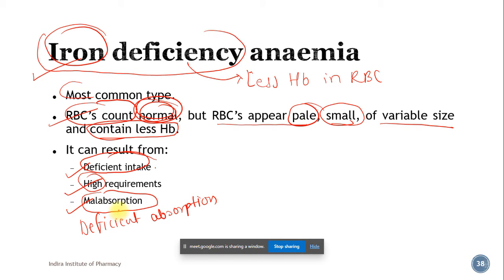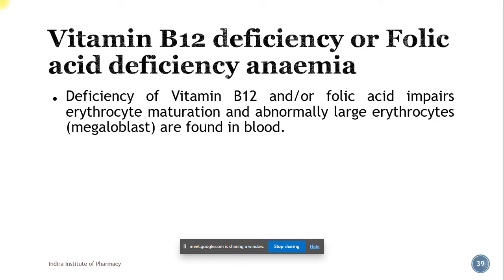That means everything is normal, your food is rich with the iron content, your body doesn't require excess amount of iron, but your gastrointestinal tract is unable to absorb the iron from it. Okay, so it is malabsorption.